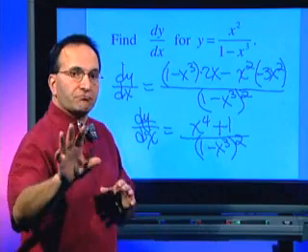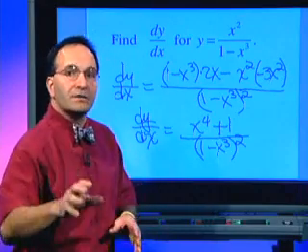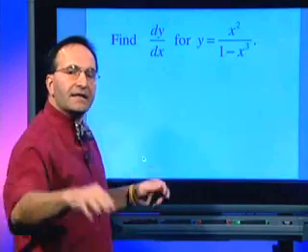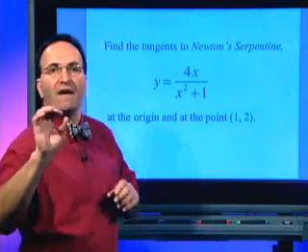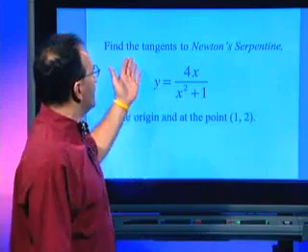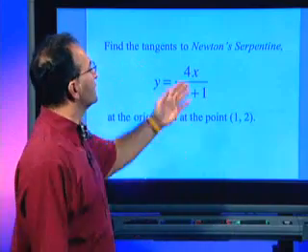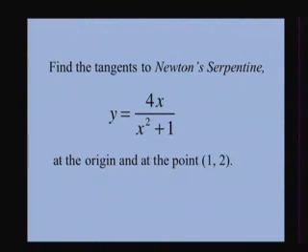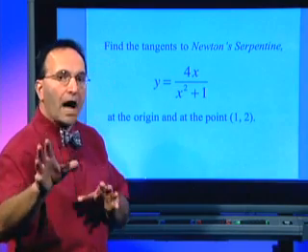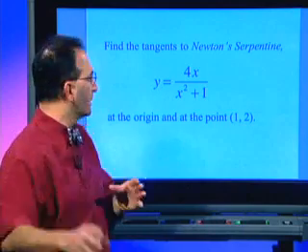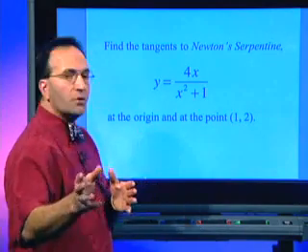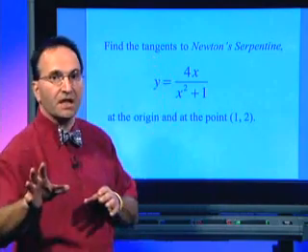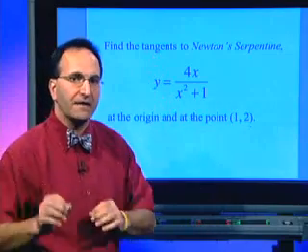Let's use the derivative as a concept for work and take the next example, which is find the tangents to Newton's serpentine, which is y equals 4x over x squared plus 1, at the origin and at the point 1, 2. So to find the tangent lines, we of course have to find the derivative.